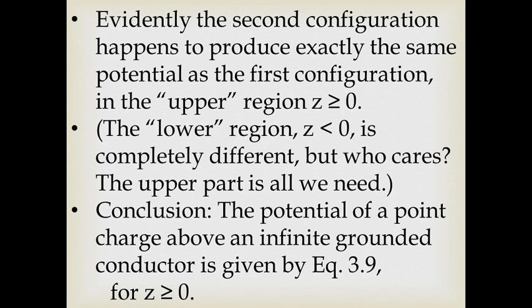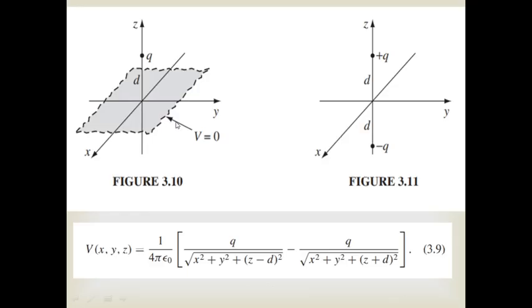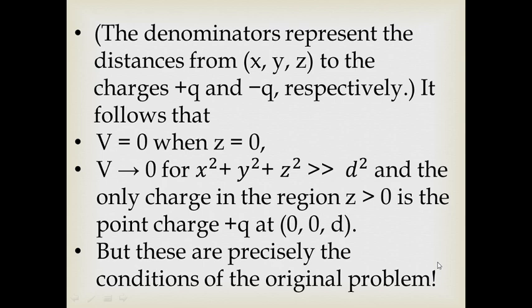The lower region, z less than 0, is completely different, but who cares? Because in the lower region also a potential is created, but we are not interested in the lower region. Our region of interest is the upper region of this conducting plane. So, in both cases the potentials are equal, and the potential in our original problem can be given by the same equation 3.9 in our region of interest.